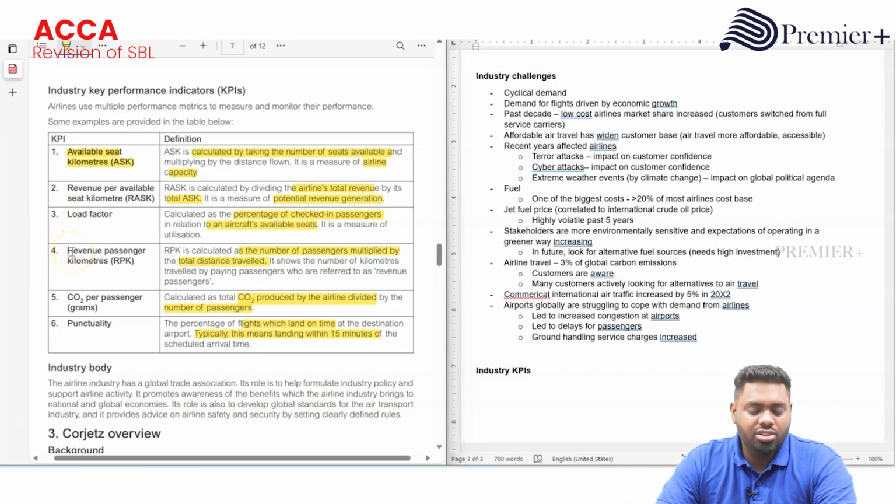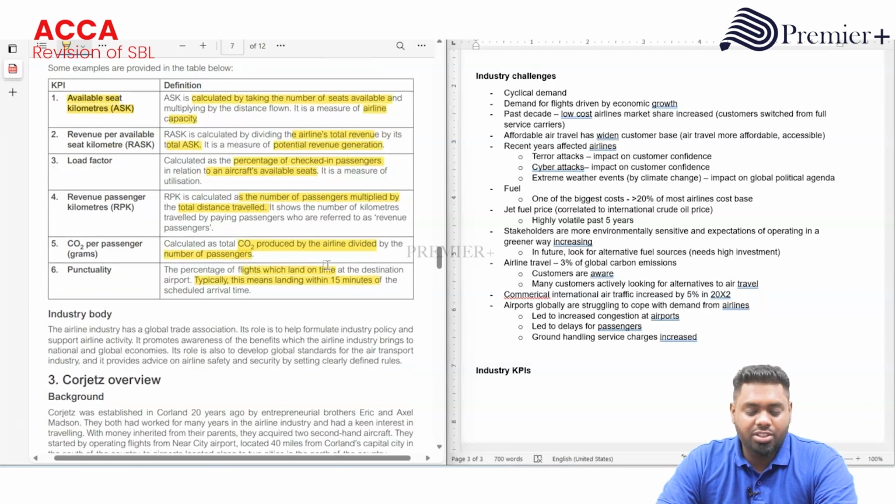Revenue passenger kilometers is calculated as the number of passengers multiplied by total distance traveled. So this shows the number of kilometers traveled by paying passengers who are referred to as revenue passengers.